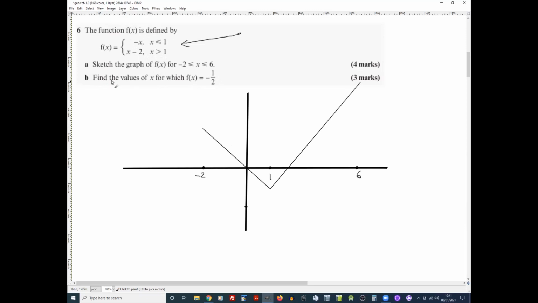But what about part B? Find the values of x for which f of x is equal to -1/2. So do we just take the two lines and set them to -1/2? What does that really mean graphically?